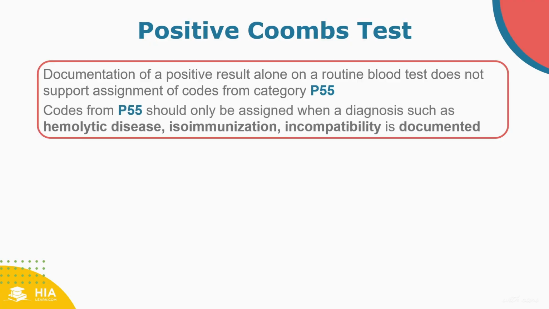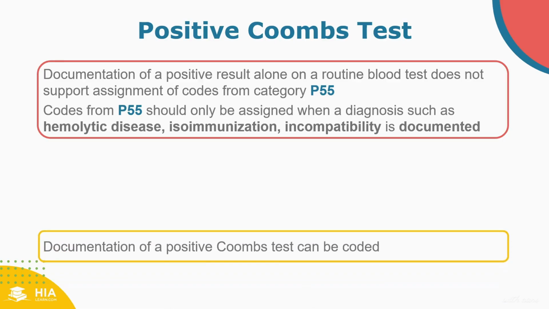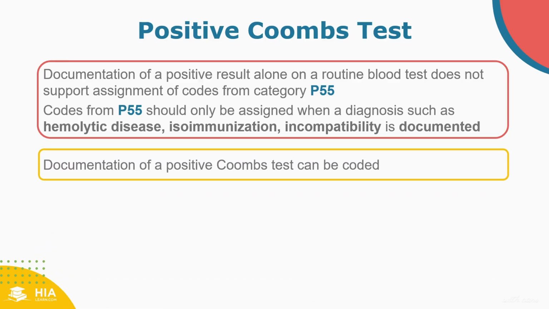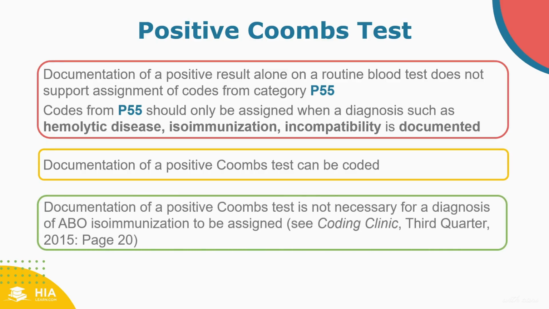Codes from category P55 are only assigned when supported by a documented diagnosis of hemolytic disease, isoimmunization, or ABO or RH incompatibility. However, documentation of a positive result on a Coombs test can and should be coded when it is part of a newborn's clinical workup, although documentation of a positive Coombs test is not required for a diagnosis of newborn hemolytic disease to be assigned.